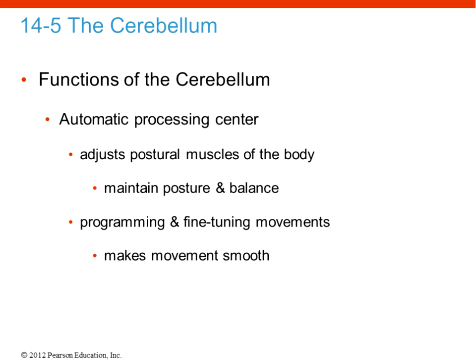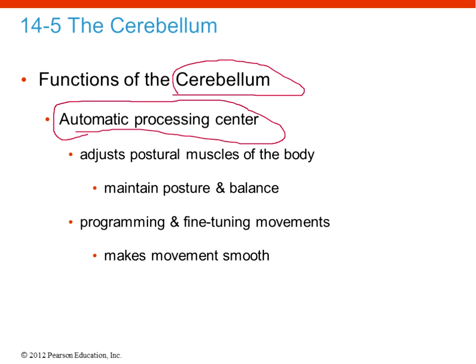All right, so on to the next part of the brain, and since we're at the pons, we'll go directly across from that, and that is the cerebellum, right? Cerebellum is an automatic processing center that helps with movement, essentially, okay? The origin of our movements is not based in the cerebellum. Those come from the primary motor cortex up in the cerebrum.